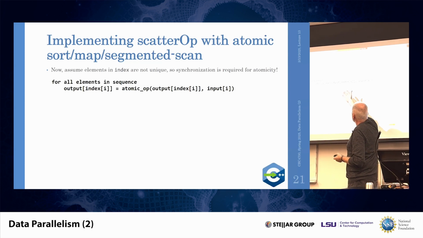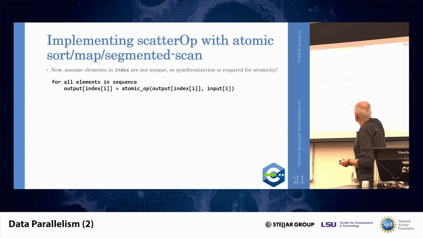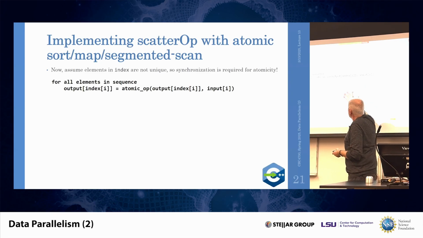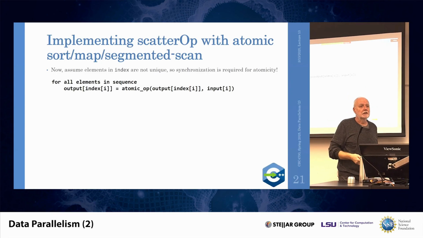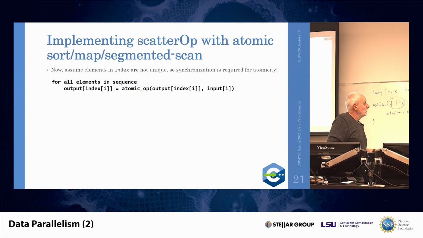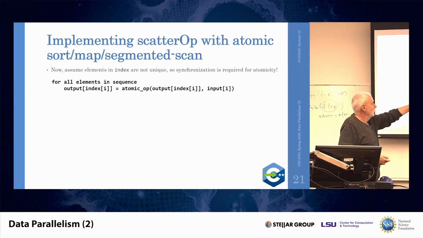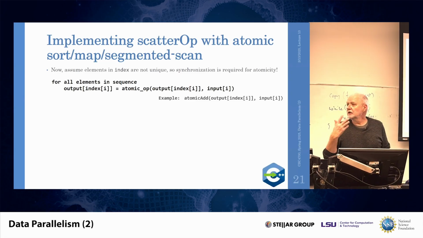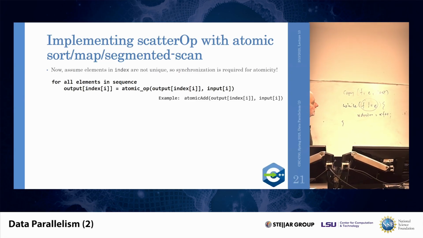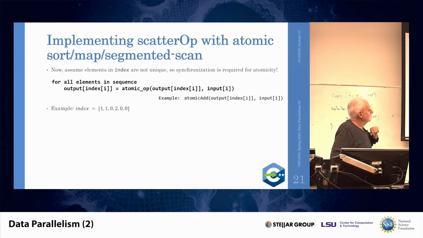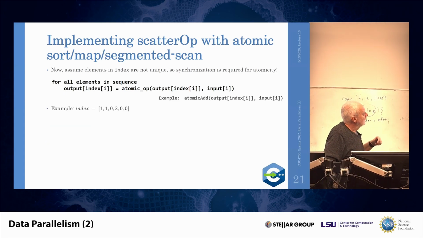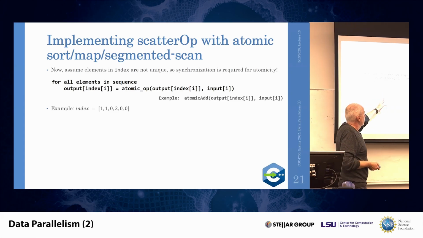So you take some input, or in this case, it's a gather operation. You take some input and you apply an atomic operation, and only the atomic operation writes it to the output. For instance, atomic add. So if you want to accumulate everything with the same index, how do you do that? Well, as before, let's assume we have some index sequence where the indices are non-unique.